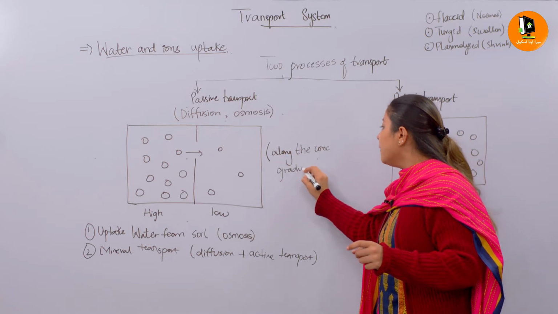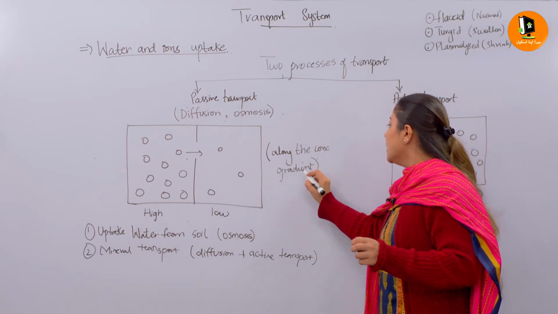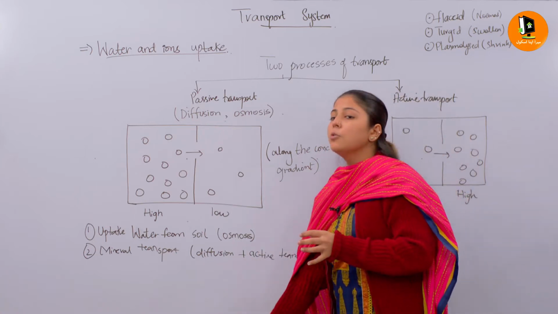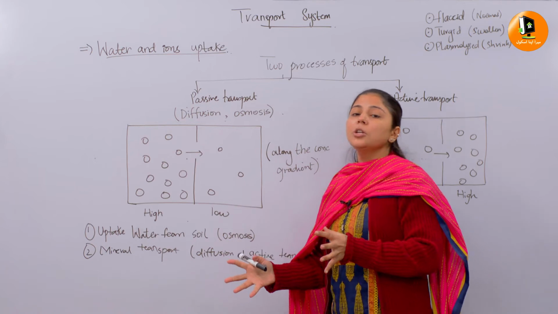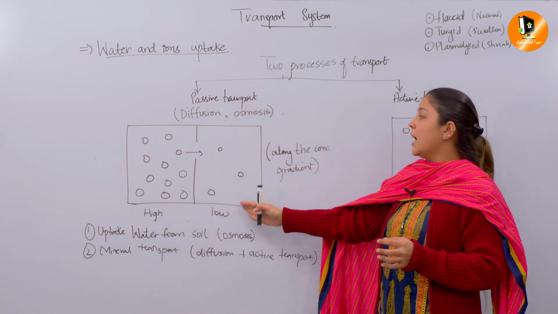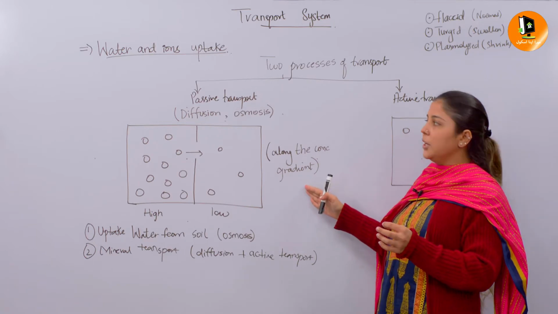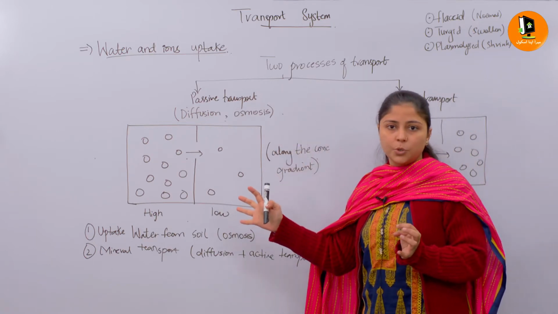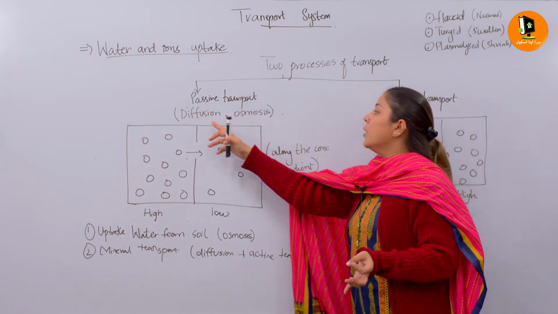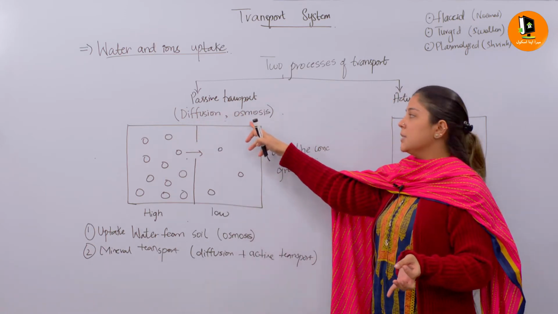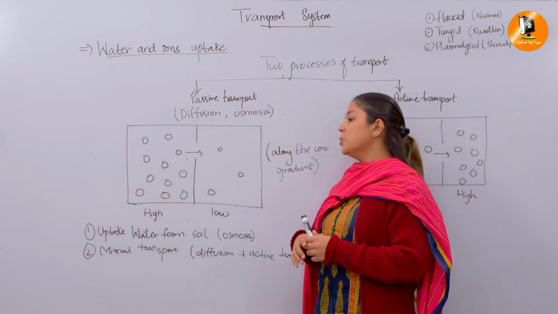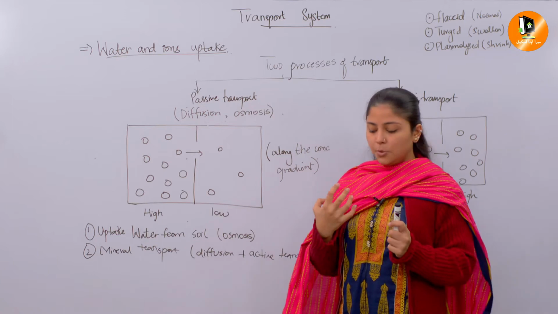It is very important to understand that the movement of the molecules from the higher concentration to the lower concentration, that is along the concentration gradient, is known as passive transport, okay. In passive transport, there are two processes that take place, that is diffusion and osmosis. You can say these are the two types of passive transport, diffusion and osmosis, okay.